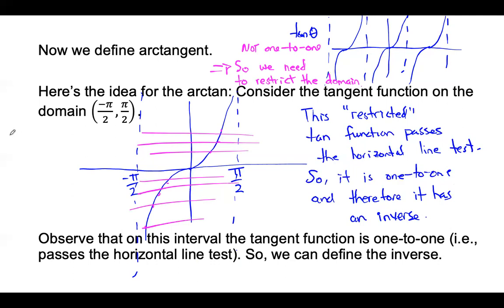So I'll just make a little note here. That is the restricted domain. So tan of theta is on the restricted domain, which is, of course, negative pi divided by 2 to pi divided by 2.